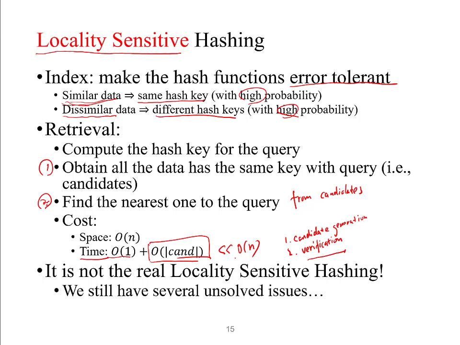But see, the idea is good, or the wish is good, but it is not the real LSH. Right? We still have several unsolved issues. And in this lecture, we're going to go through these unsolved issues. I mean, they have been solved, just unsolved till now.